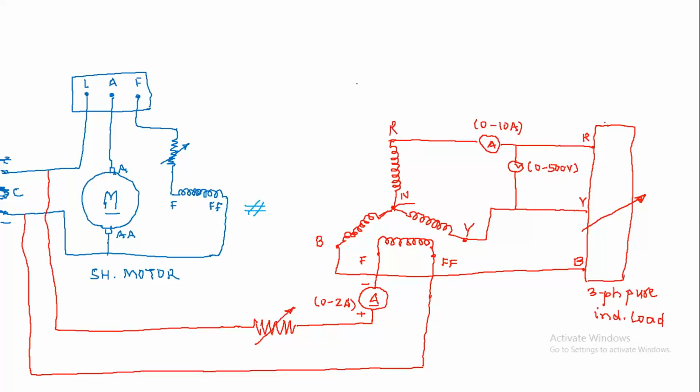First of all, the first reading you are taking at no load. You are making the terminal voltage equal to the rated voltage, that is 415 volt, using this rheostat.